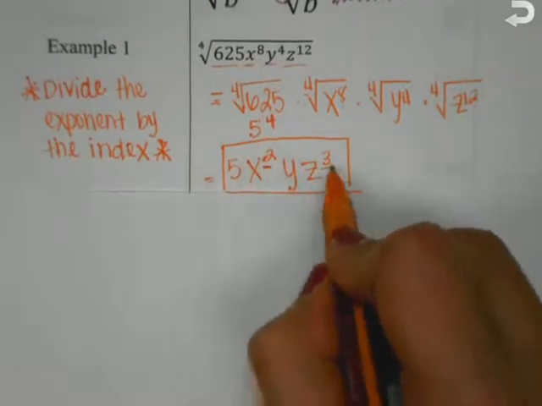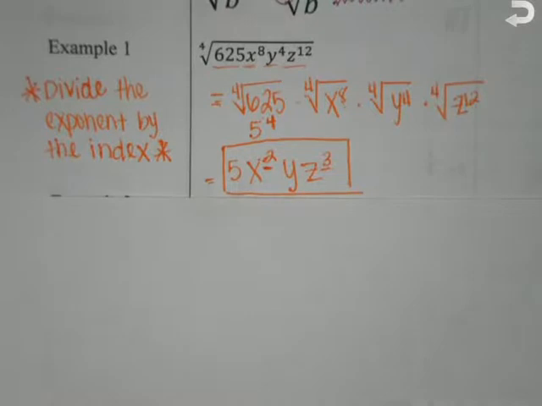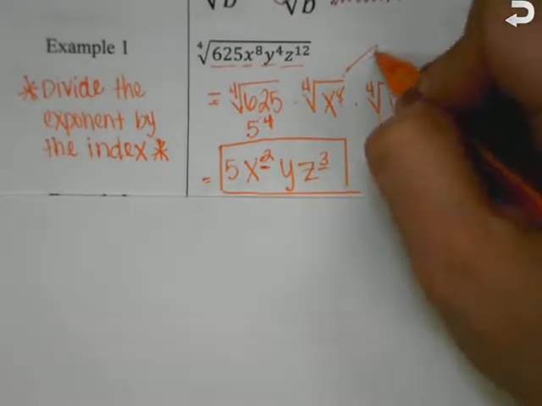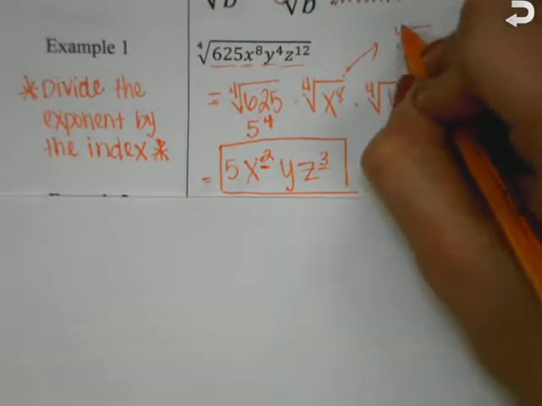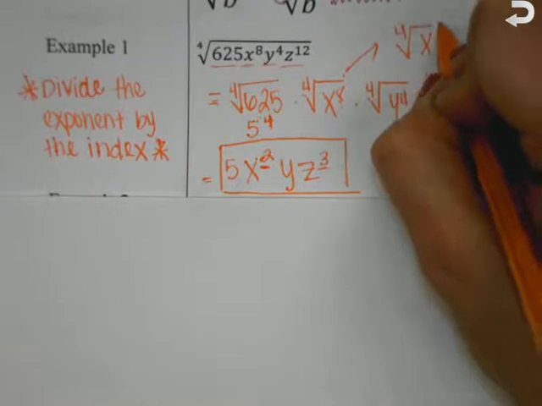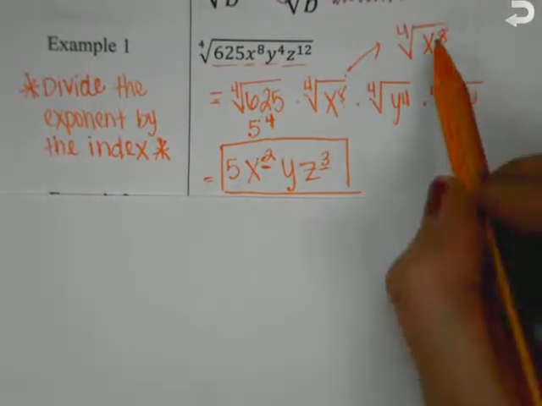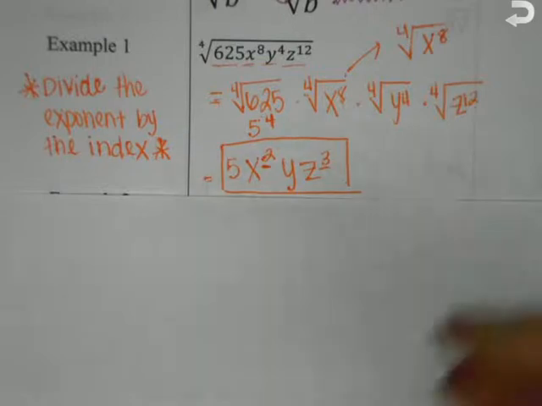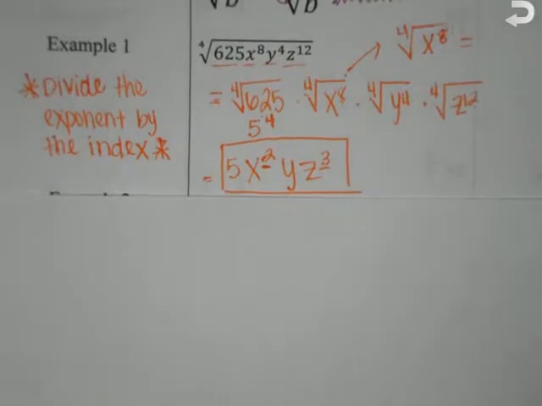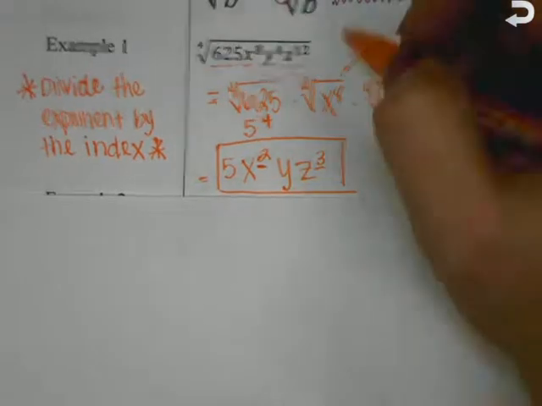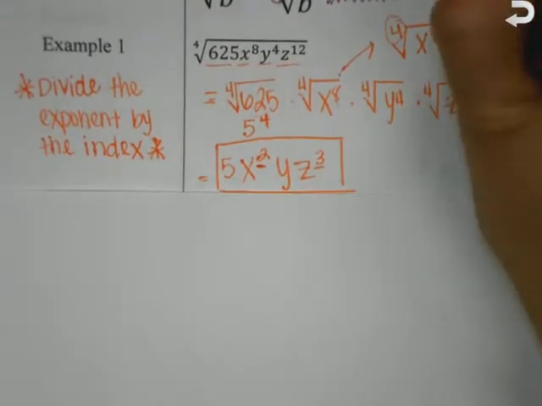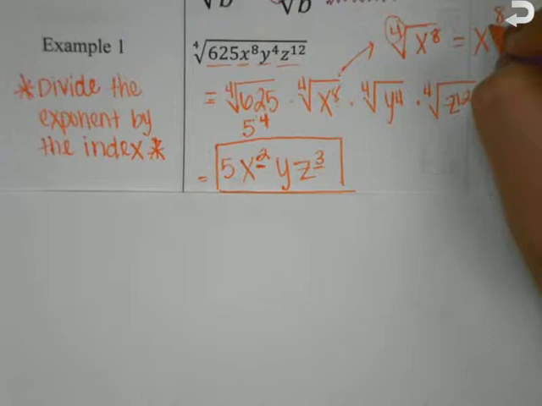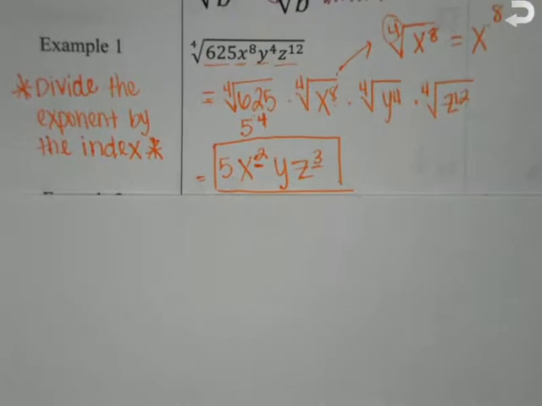Why does this work? Let's take the fourth root of x to the 8th, just to look specifically at one term. On Friday, we practiced going back and forth, right? How would I rewrite this as an exponent as a fraction, where would that 4 go? The numerator or the denominator? The denominator.